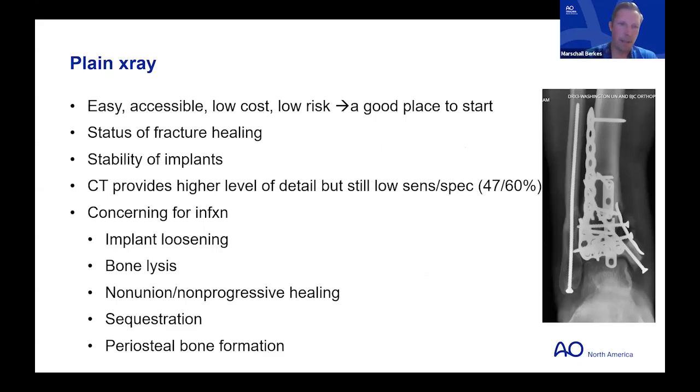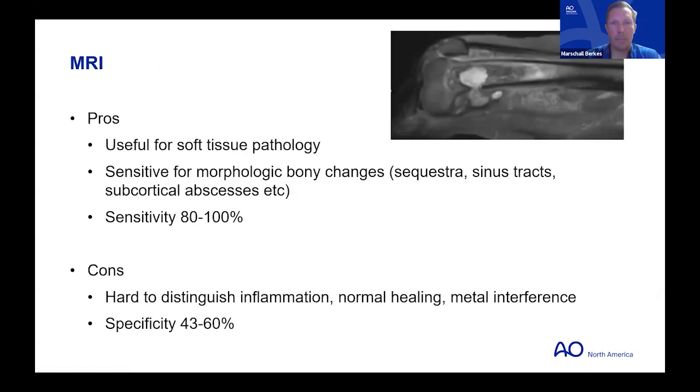So this is a very simple test, and some of the findings you would see in the setting of infection: loosening of implants, lysis of the bone, lack of healing, nonsensical periosteal bone formation, necrotic bone potentially. The picture I have here is unfortunately a real life example demonstrating some of those things.